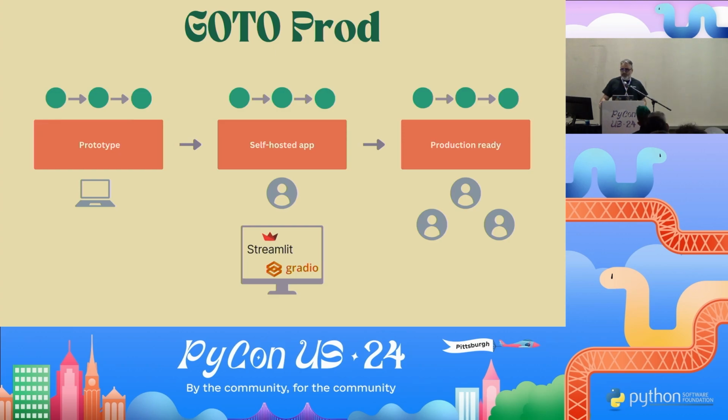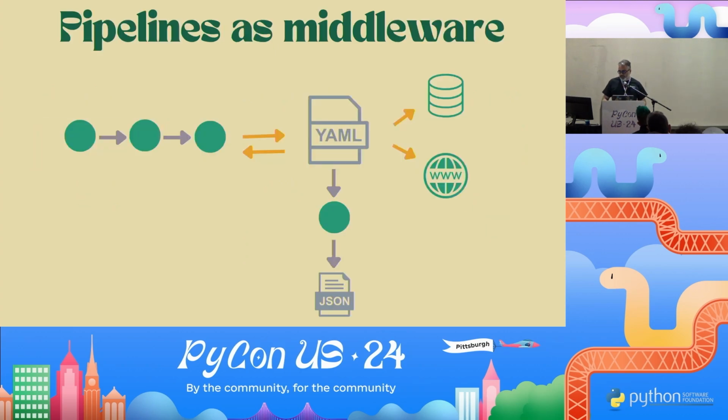Let me give you some examples of this philosophy, and I would like to start with this concept. At this point, it should be clear that pipelines are the core concept of the framework, and we really wanted them to be some sort of middleware in a way. So, for example, every pipeline can be serialized to a certain format that by default is YAML, and the other way around.